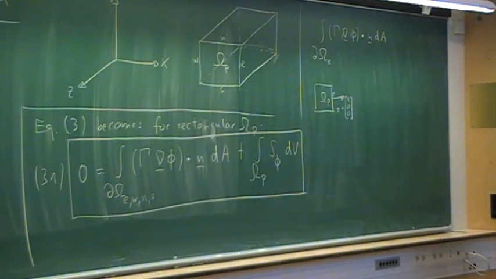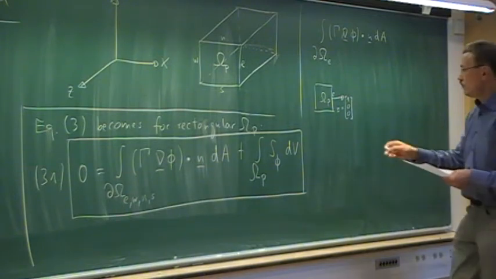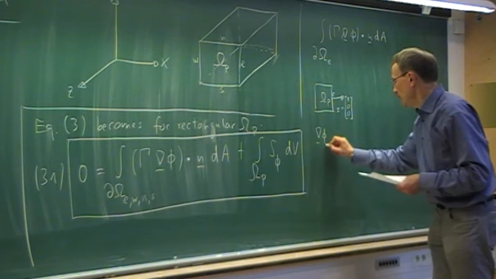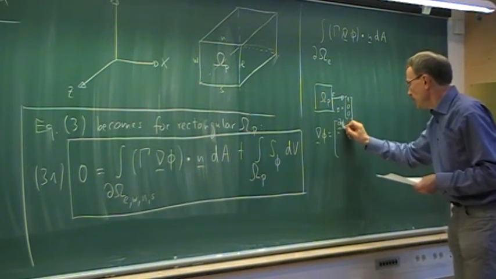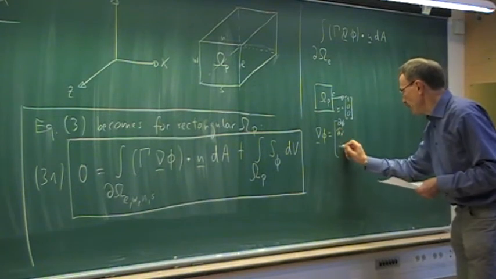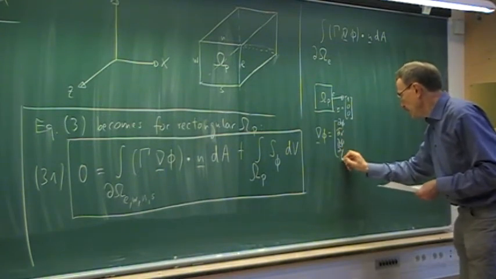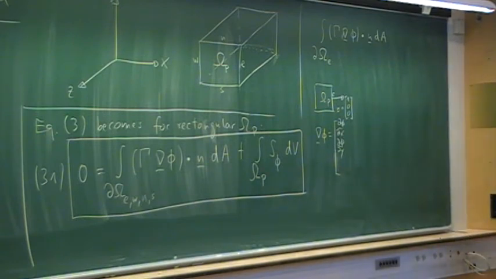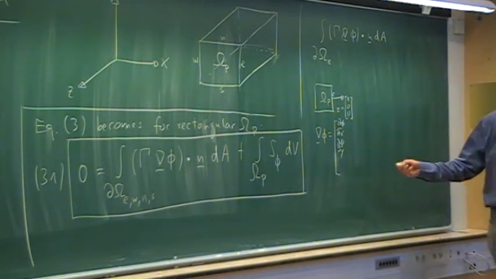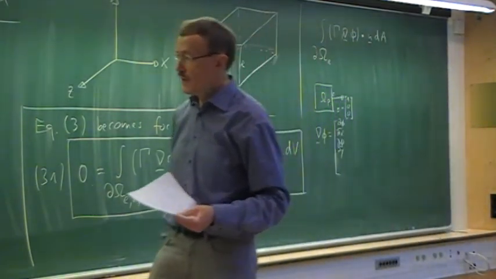What is the gradient of phi? The gradient of phi is d phi dx, d phi dy, and here we would have d phi dz. What is that? We can see it in two ways.